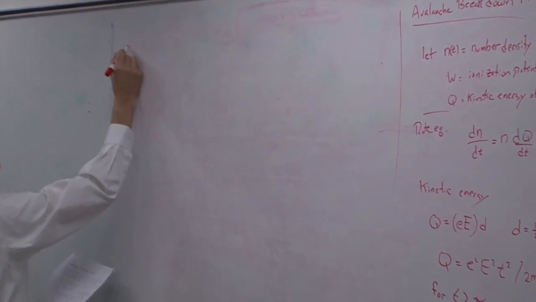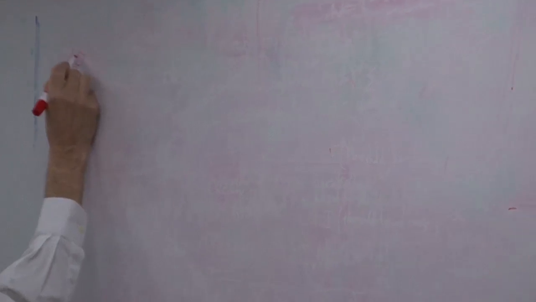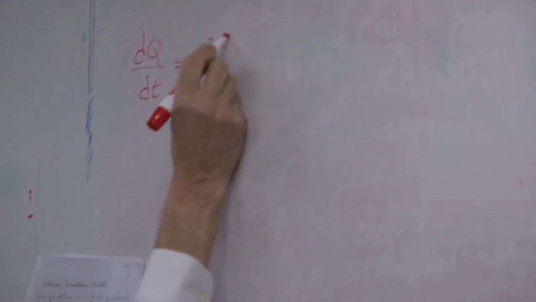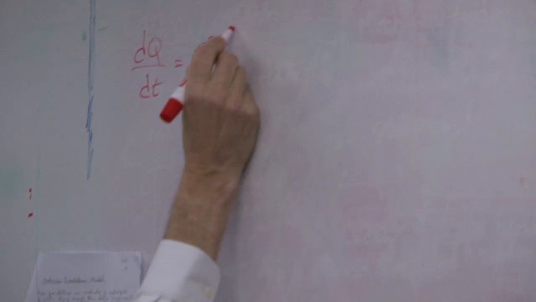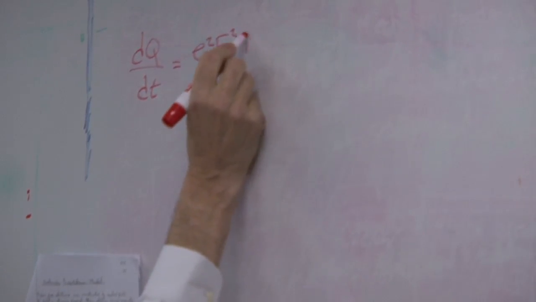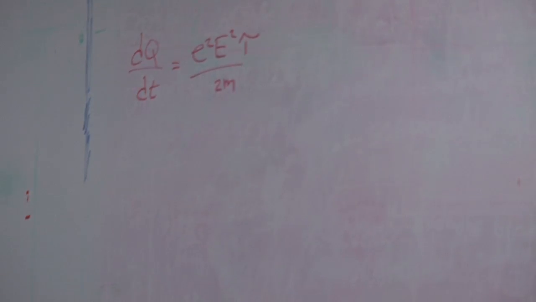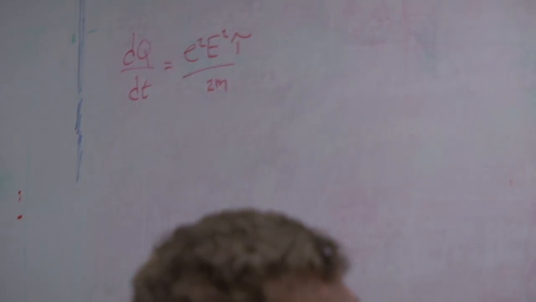What we cared about was dQ/dt. So this is just E squared tau over 2m.